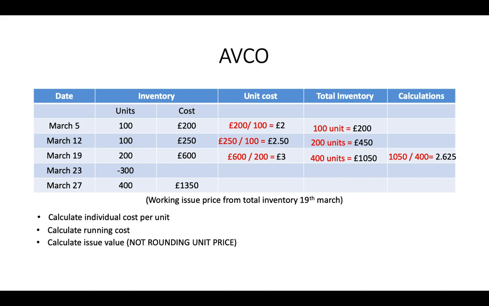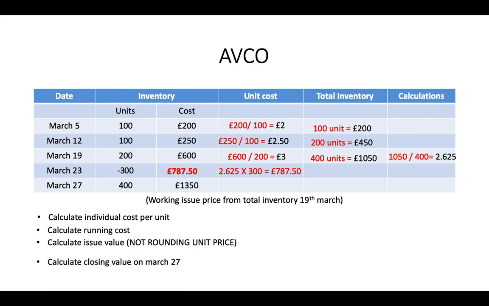So we're going to work from 2.625. 2.625 times the 300 units we want to issue gives us 787.50. Now, if the question had told us to round up our answers, we would then type in 788, but we're just going to keep it at the decimal place here. So our cost of issue on the March the 23rd is £787.50.